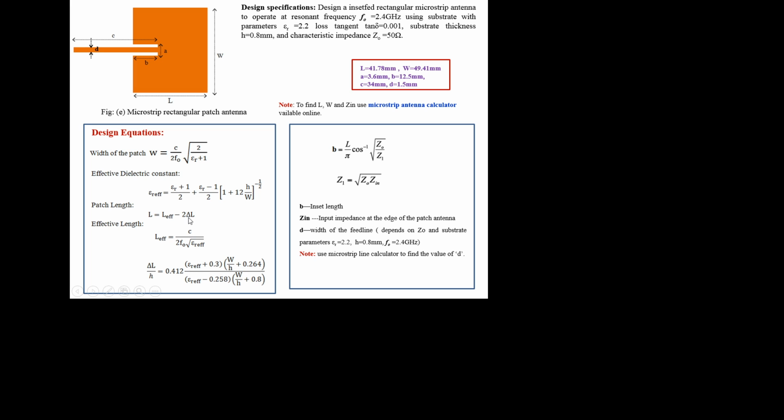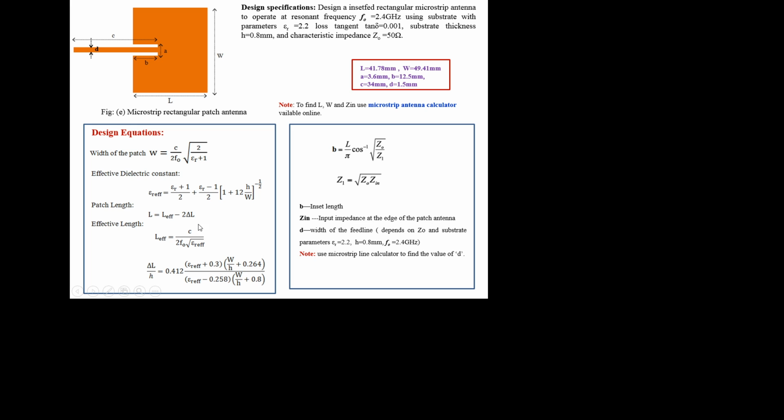Delta L is calculated using this expression: delta L by H is equal to this. So to get the value of delta L, you multiply the right-hand side by H.